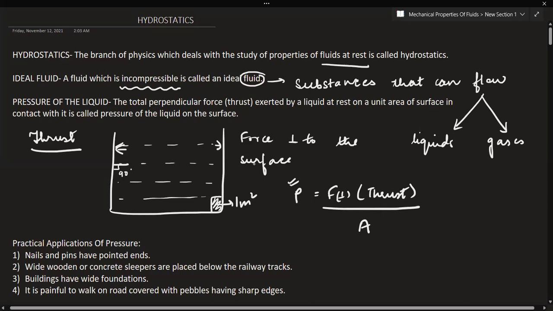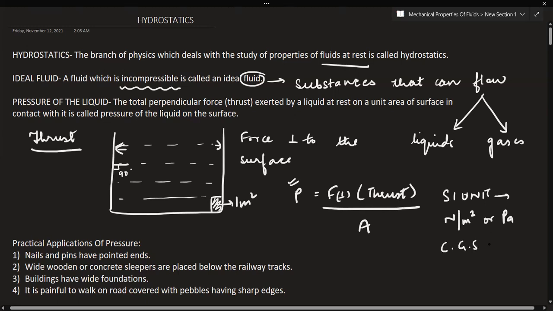Yes, ma'am. See, so what shall be the SI unit according to you? Force upon area. We have discussed this. Newton per meter square or Pascal? Or Pascals. Yes, right. See, the same SI unit was for stress as well. Force per unit area. So SI unit will be Newton per meter square or Pascals.